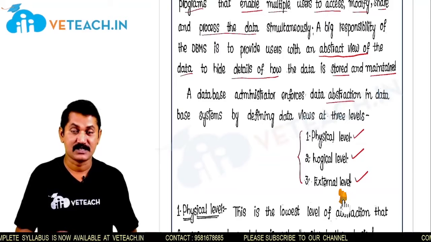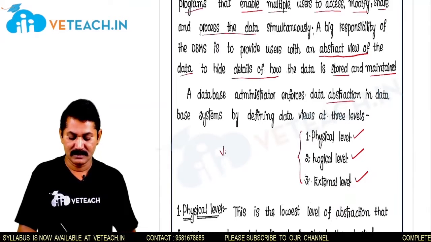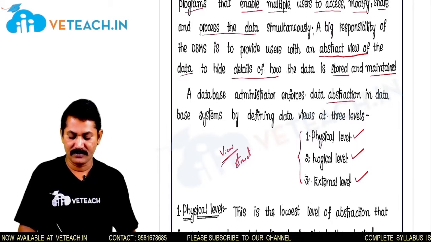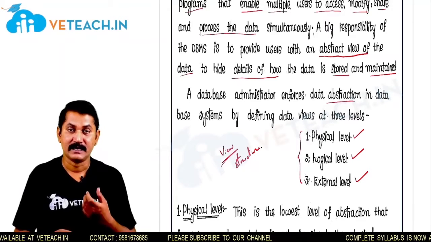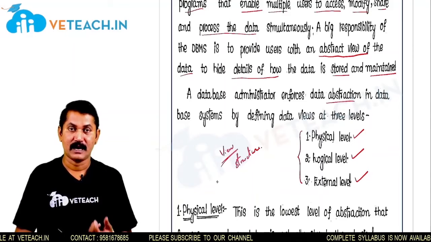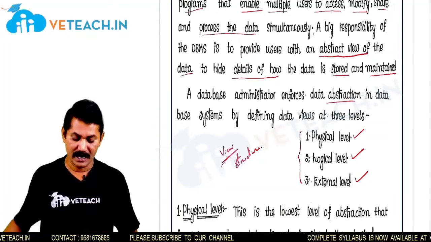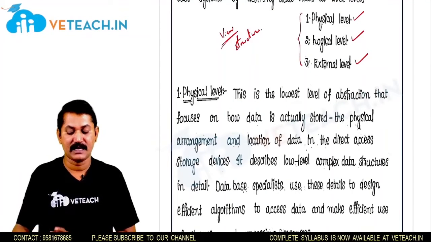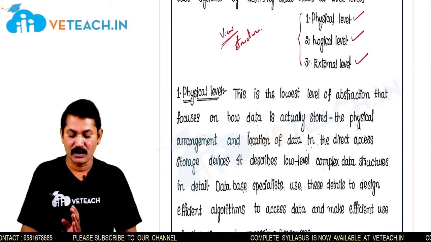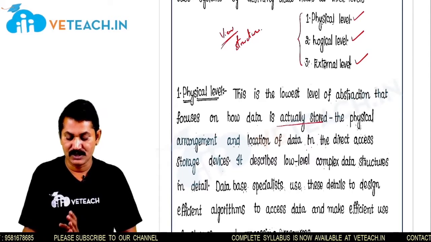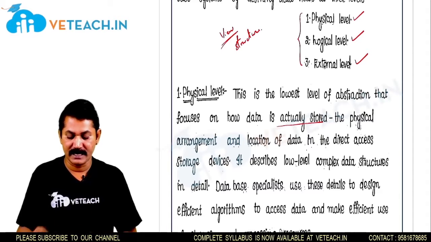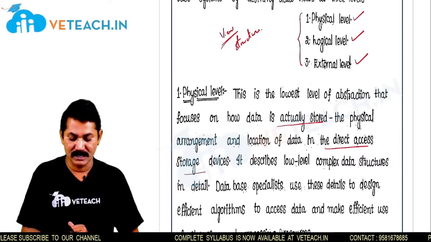That means the view provides the structure of data, how the data needs to be accessed and served as a service to the end user. Here, the physical level is the lowest level of abstraction, which focuses on how the data is actually stored. That means the physical arrangement and location of data in the direct access storage device.